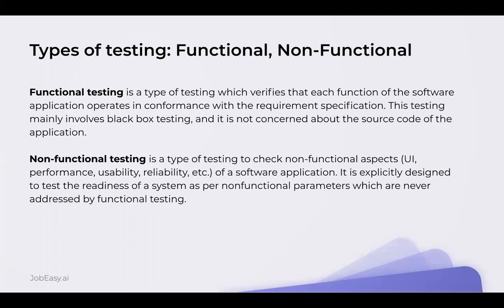So a good example here, for example, online store. You open the application, you navigate through the store. This is functional testing. You make sure that you can select products, add them to the cart. That's also functional testing. You make sure that you can make a payment and so on, right? So all of those are going to be functional testing.